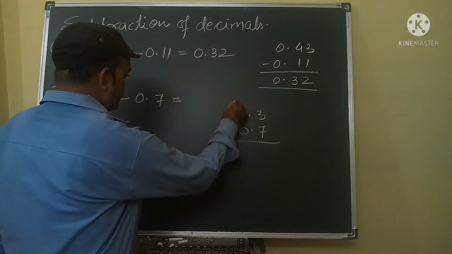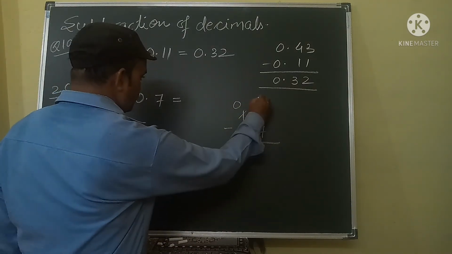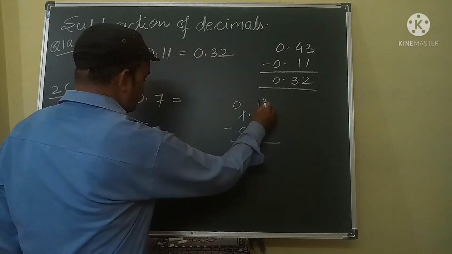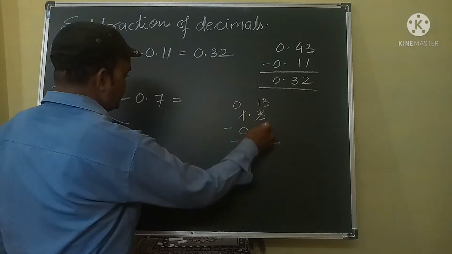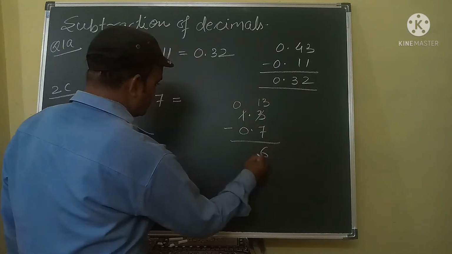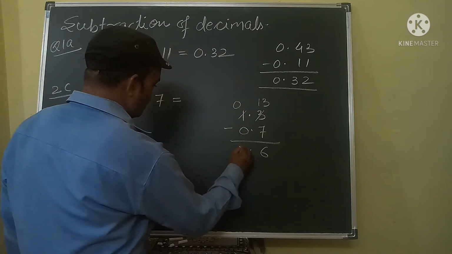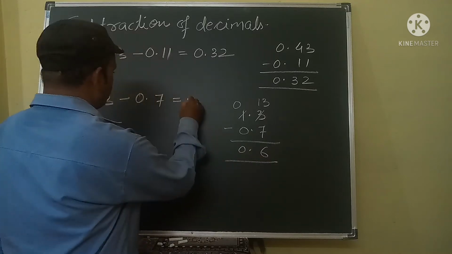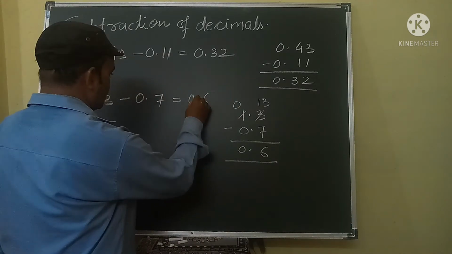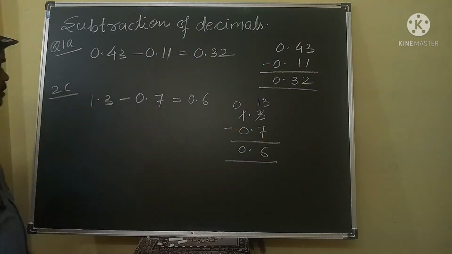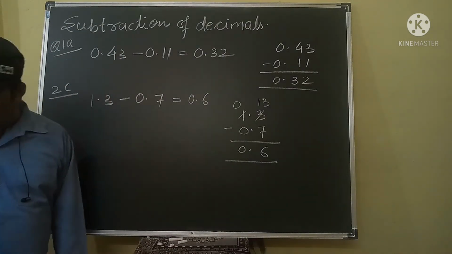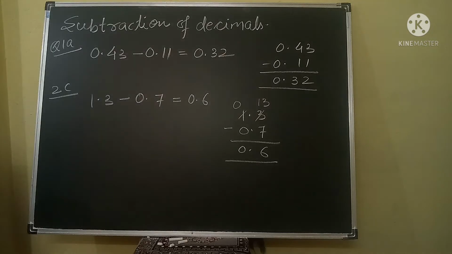So 1 will convert to 0 and 3 will convert to 13. 13 minus 7 is 6. This is the point and this is 0. The answer is 0.6. 0.6 is the required answer for the question.